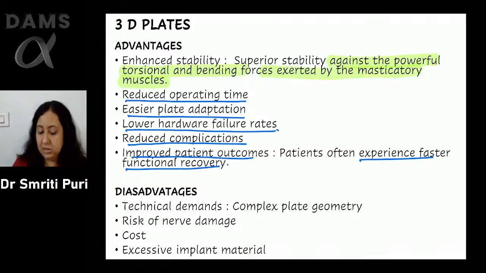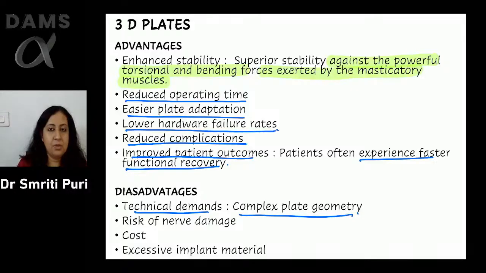Now the disadvantages are technical demands. This is complex plate geometry, right? Because they are in different sizes and forms, they are complex in geometry, so you have to be technically sound to use them. They carry a risk of nerve damage. With a single mini plate, you can adjust it according to the nerve if there is any nerve coming in your field.